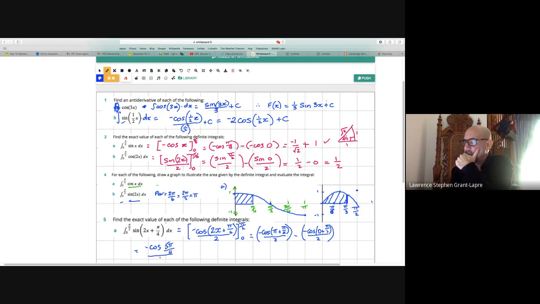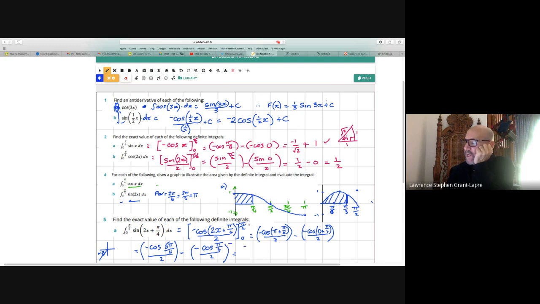So negative cos of 5 pi over 4, divided by 2, and minus negative cos of pi over 4 over 2. Okay, so 5 pi over 4 is in the third quadrant, so it's negative. And pi over 4 is 1 over root 2, as we had before up here. Cos of pi over 4 is 1 over root 2, so cos of 5 pi over 4 is negative 1 over root 2.